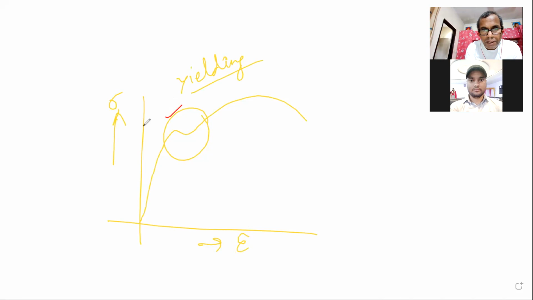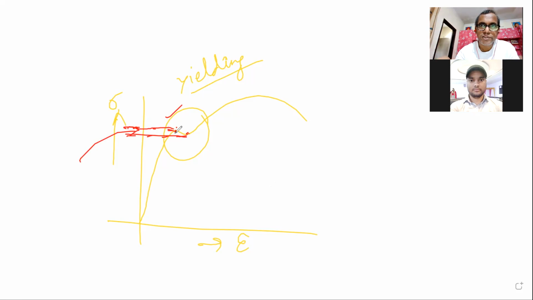See, after this point, look at what is happening. If you see between this point and this point, you will see there is a decrement in the value of stress.